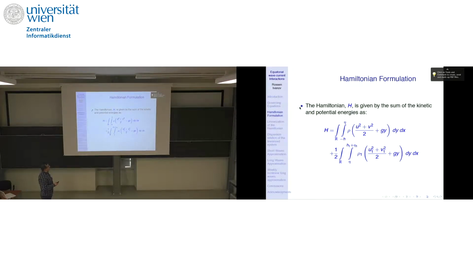So for the Hamiltonian formulation we have to look at the Hamiltonian function, and this usually comes from the energy. So the energy, this should have been actually W1 because I have introduced here W1, is the kinetic plus potential. Yeah, sorry, this Y is Z. It's a mistake.